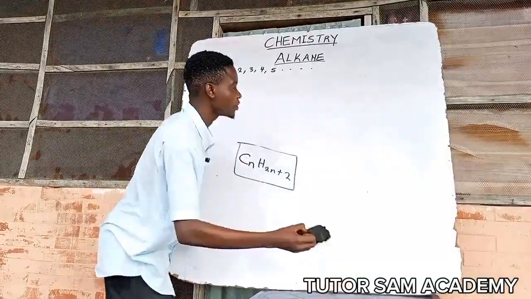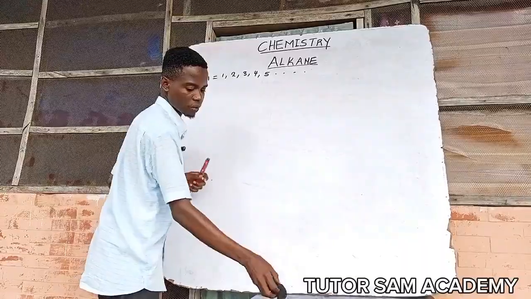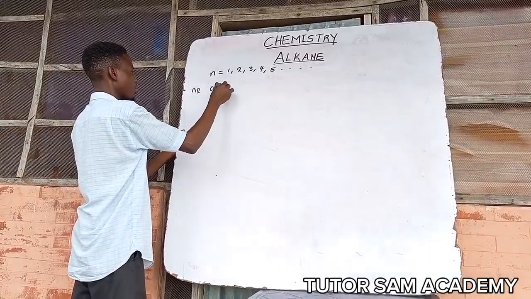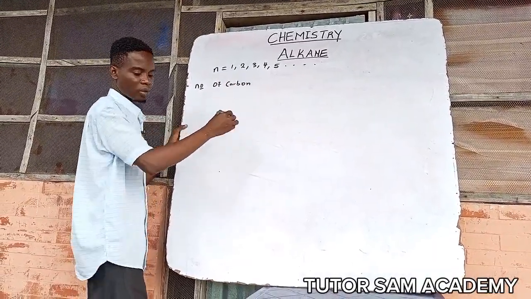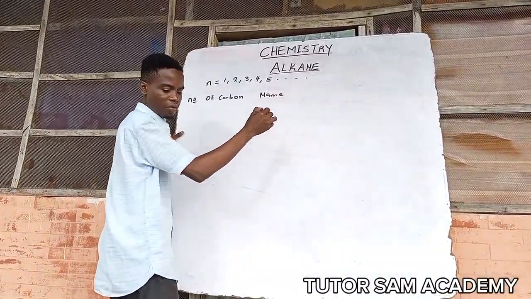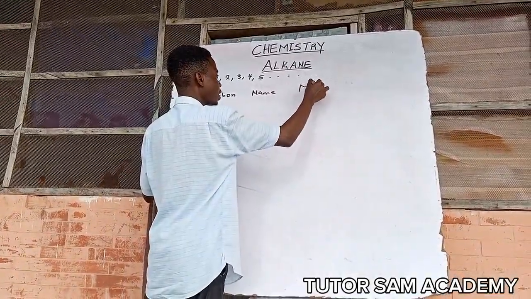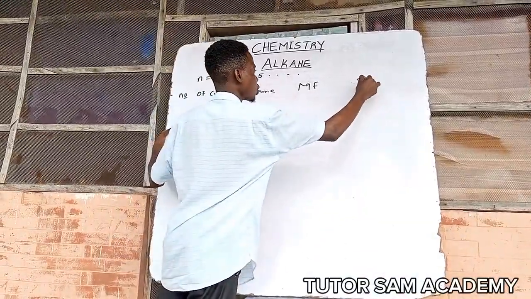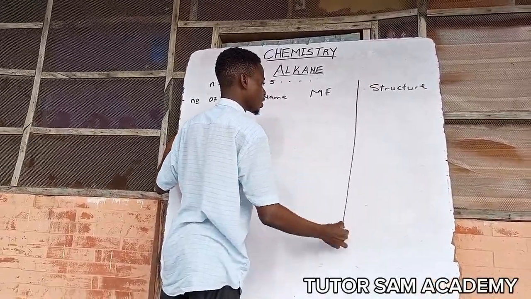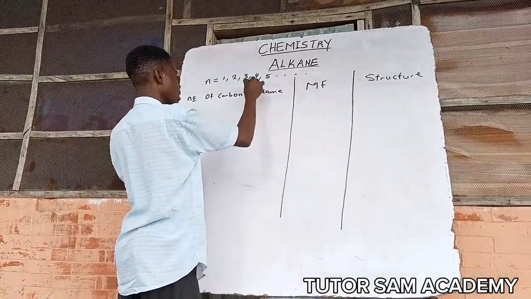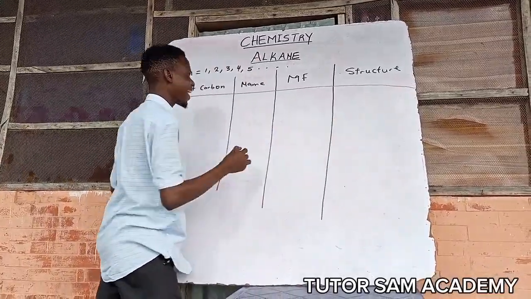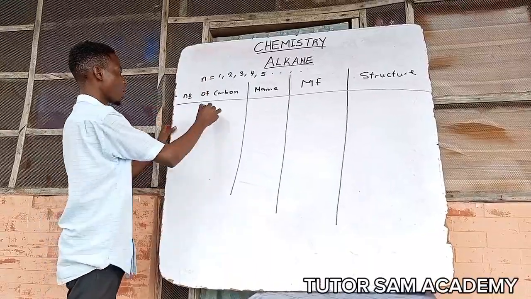Let's say we have the number of carbon, the name of the compound, the molecular formula, and finally the structure. So let me have this column. Let's say an alkane has number of carbon 1.